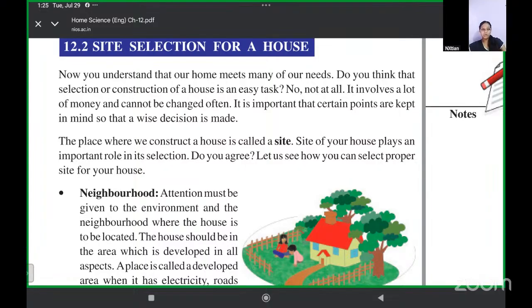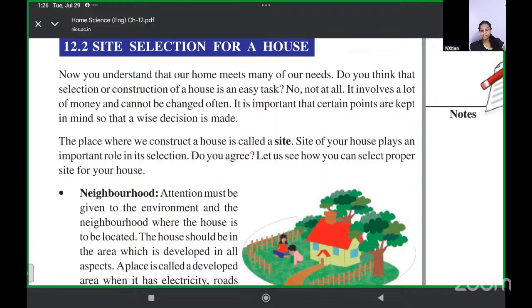It depends on location, the popularity of that area, the prices of that area, so land prices and everything. So if you don't like the house, you cannot just change it. You have to be very careful when you're buying a house or buying a land.